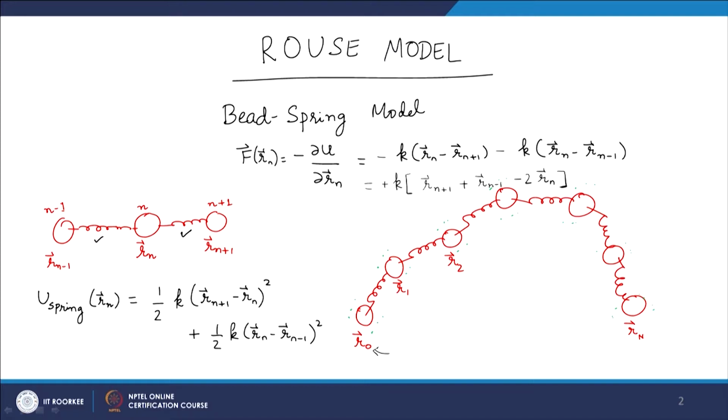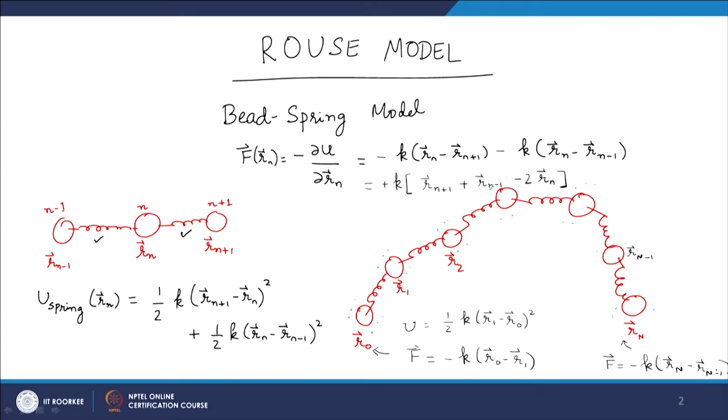So, now we have to be slightly careful for the beads at the end. For the bead right here, there is only one spring coming from R1. So, right here the u is half k (R1 minus R0) squared, and so F would be minus k (R0 minus R1), and similarly for here we have F equal to minus k (Rn minus Rn minus 1) due to the bead that is present right here.